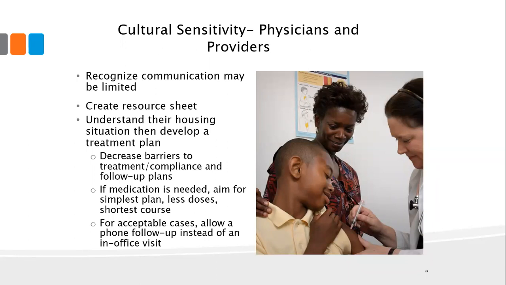And we have to understand that their housing situation can change how the treatment plan might be applied, because compliance will be higher if you can have the simplest treatment that has fewer doses and the shortest course. And if possible, especially now with the pandemic, if we could have a phone follow-up instead of an office follow-up, we should try to provide that.